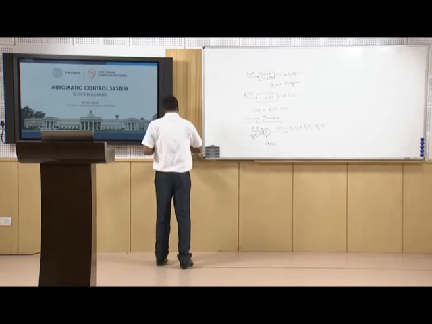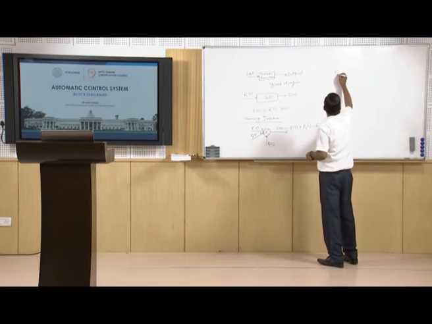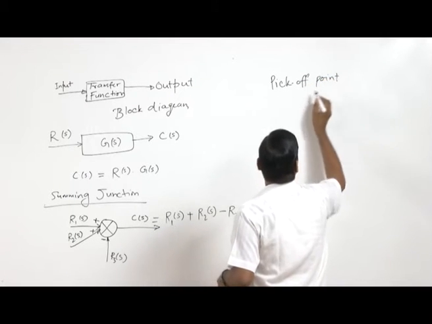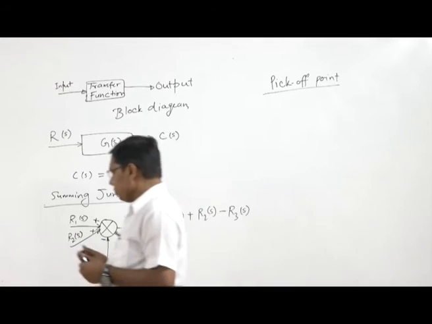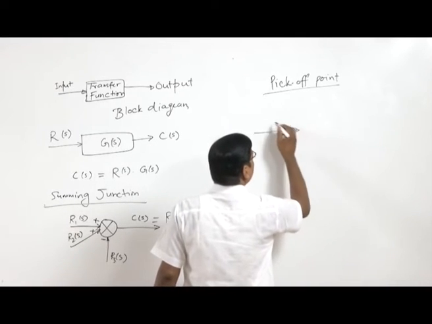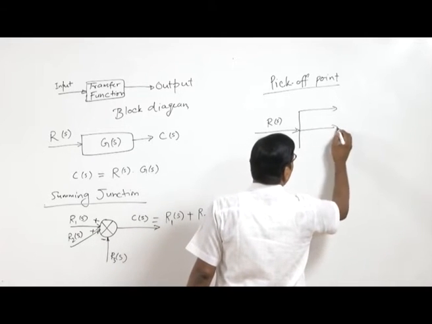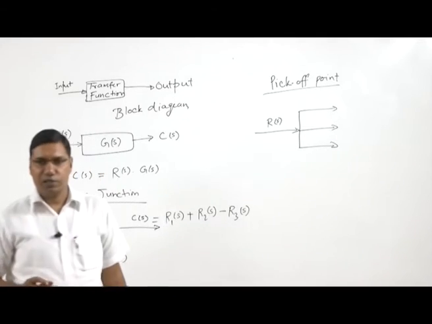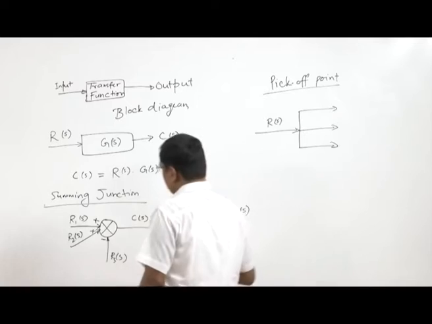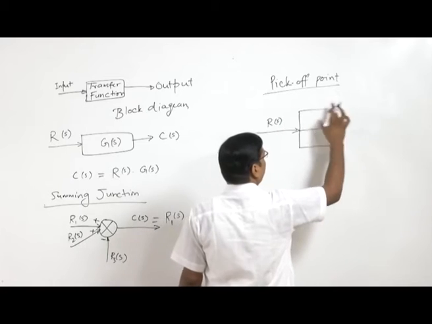Now there is another operation, that is the pick-off point. So here is a pick-off point. There could be one signal coming, and it might be divided into multiple signals. So one signal is going to be divided into multiple signals, and so this R(s) will be the same here.